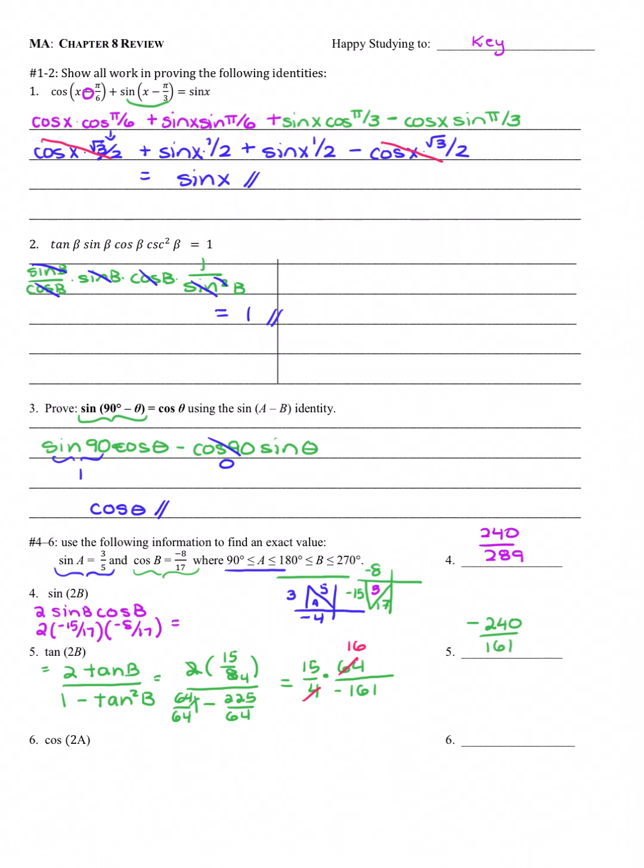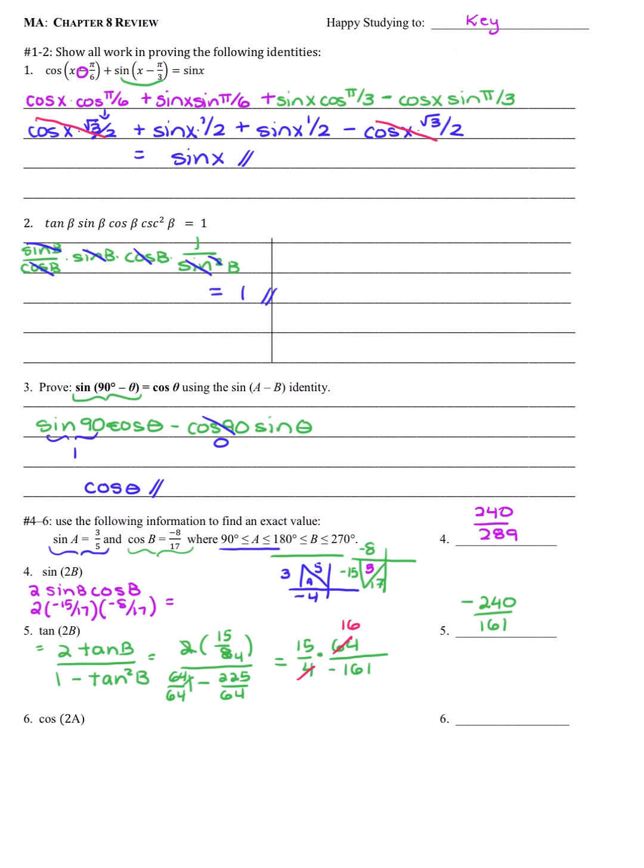And the last one, cosine 2a. So you have 3 different identities for cosine 2a. And since they gave me sine a, I'm going to use the one that only involves sine squared a. So I don't even really need the triangle. I can just plug in. They tell me the sine of a is 3/5 squared.